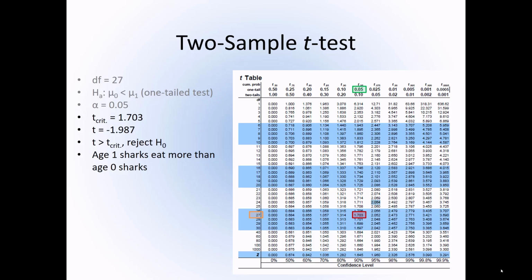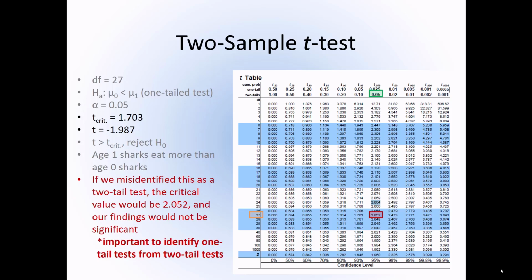Now, this example illustrates the importance of being able to determine if a t-test is a one-tailed test or a two-tailed test. In the event that we made the mistake and thought this was a two-tailed test, our critical value would increase from 1.703 to 2.052. And in this particular case, our test statistic would not exceed this critical value, and we would not reject the null hypothesis.